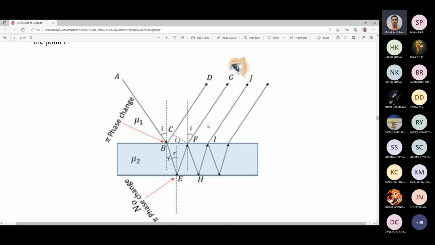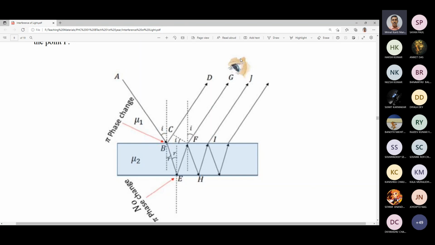And so on. In this way we will get a number of reflected beams in this region, and in the same way a number of transmitted beams also. So the beam is divided into two: one reflected beam, another transmitted beam. Now we restrict ourselves to the reflected beam.